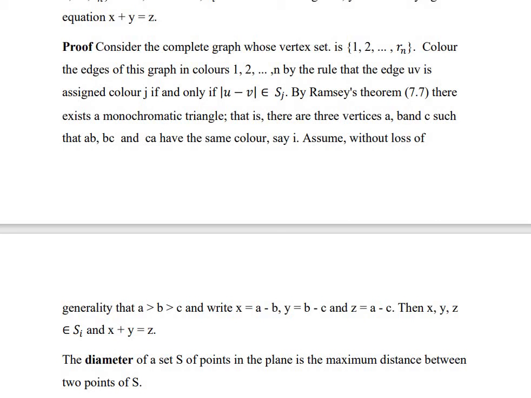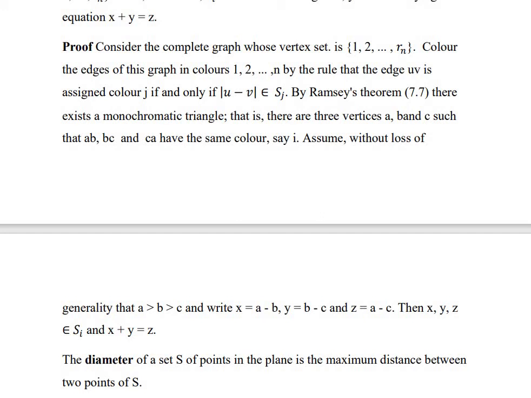Assume without loss of generality that A > B > C and write x = A − B, y = B − C and z = A − C. Then x, y, z are elements of Si and x + y = z. Hence the theorem.